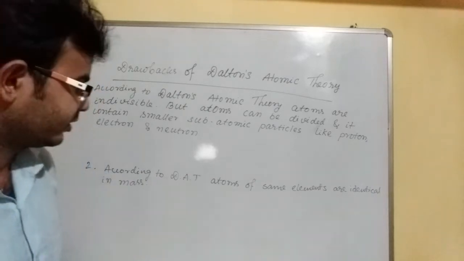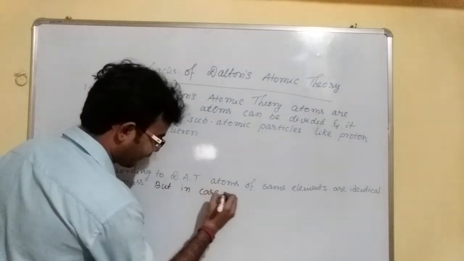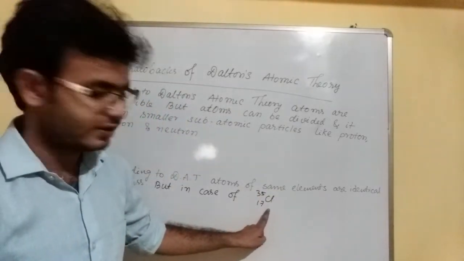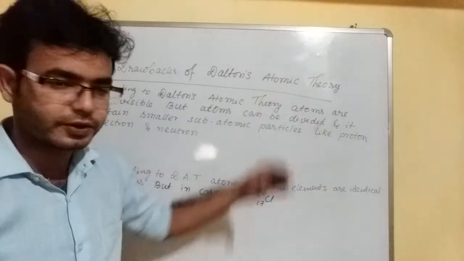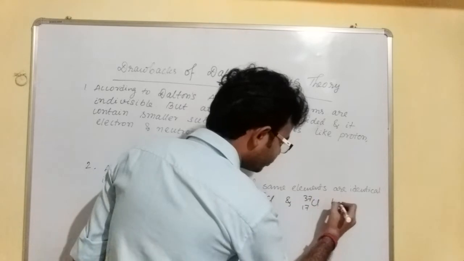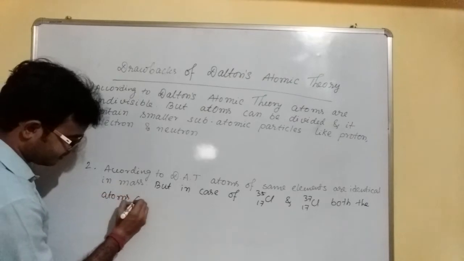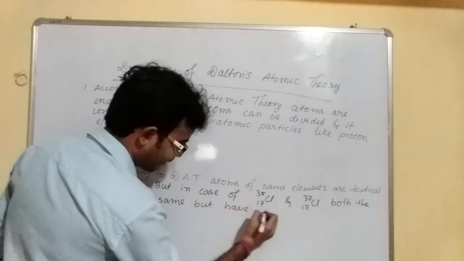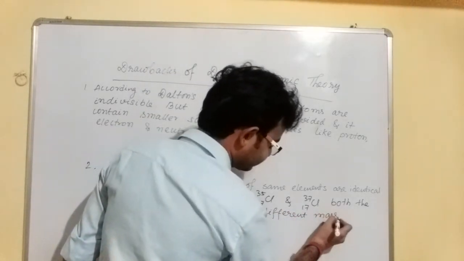But if we discuss isotopes, then you can observe that in case of 17Cl35, written with 17 at the lower left of chlorine and 35 at the upper left, and 17Cl37, both atoms are the same element but have different masses.